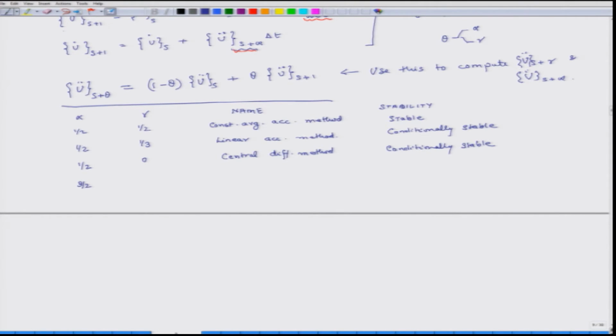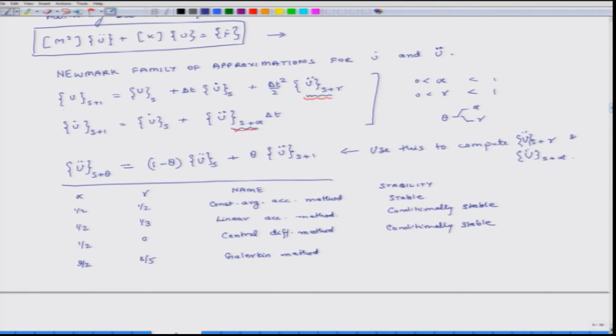Another option could be 3/2 and 8/5, and this is known as the Galerkin method. One small error which I made was that these conditions are not accurate. Alpha can exceed 1, but it has to be more than 0.